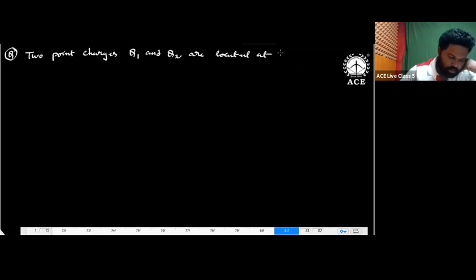We'll take one question. Two point charges Q1 and Q2 are located at (3, 0, 0) and (1, 2, 0) respectively.